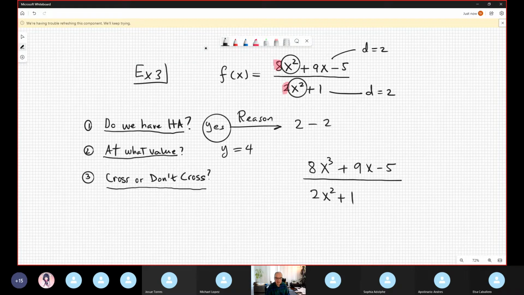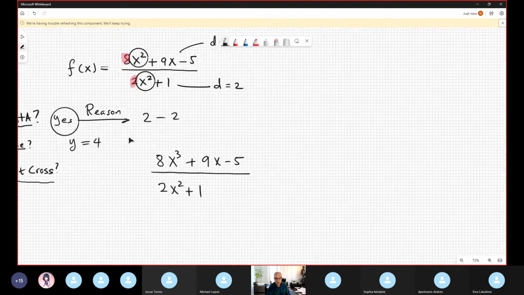It's one possibility. Another possibility is I change a little bit the original problem. Ax squared plus 9x minus 5, I copy exactly the same, and now 2x cubic plus 1.